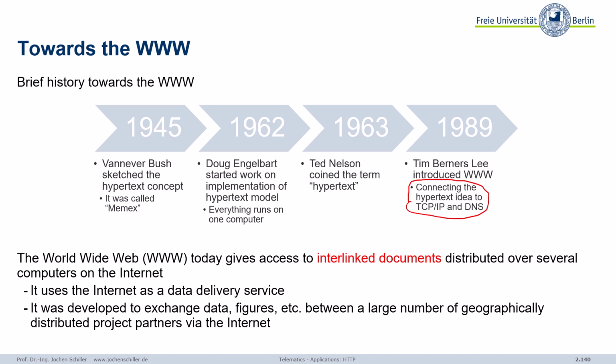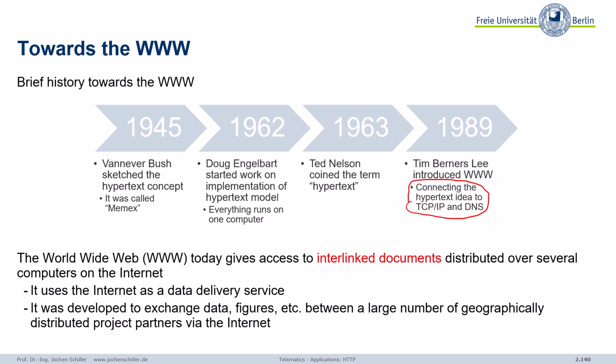Mosaic was a quite simple thing, a gray background and black text, but the links already were blue, and this is where the color blue comes from. So it's far from what we have now, but still, that's the key idea. So the idea to exchange data, but also figures with all the different project partners.